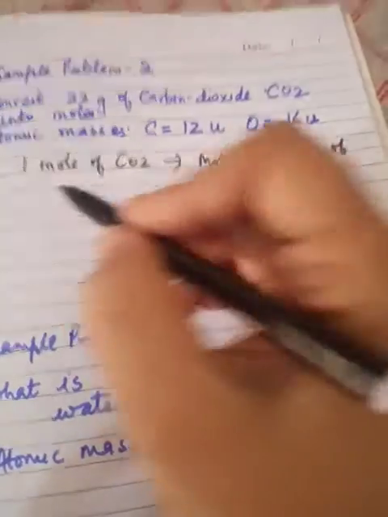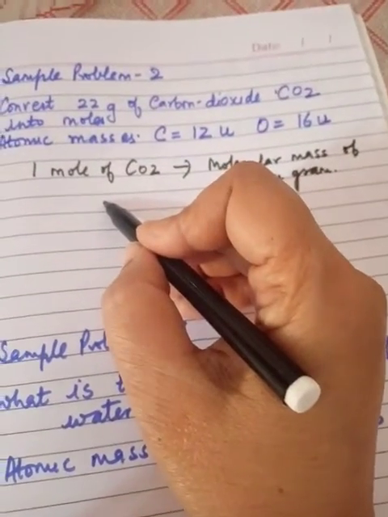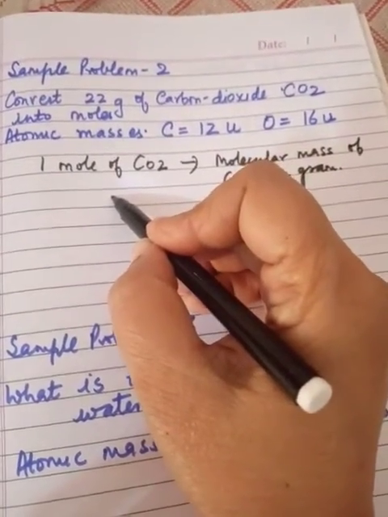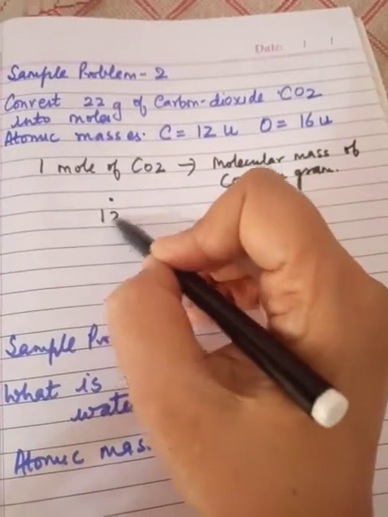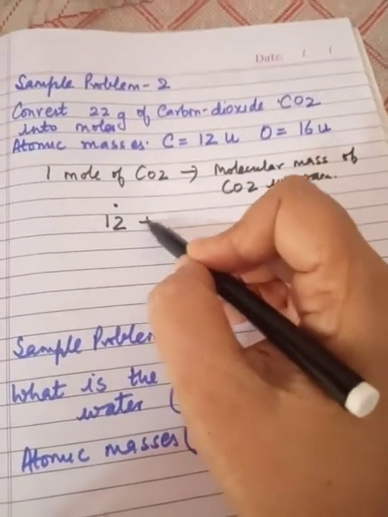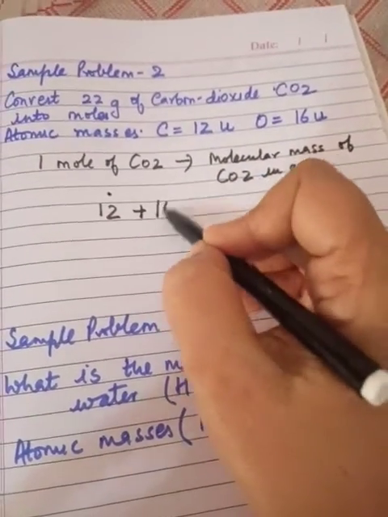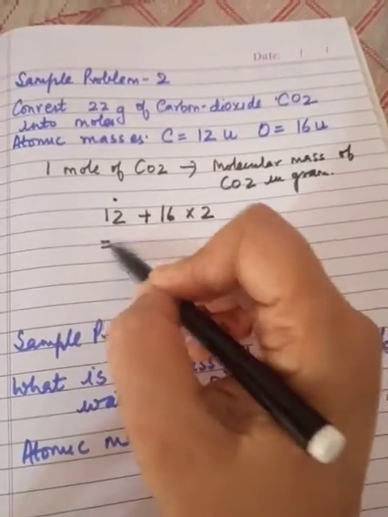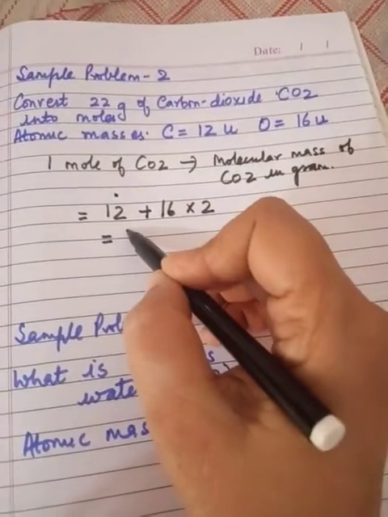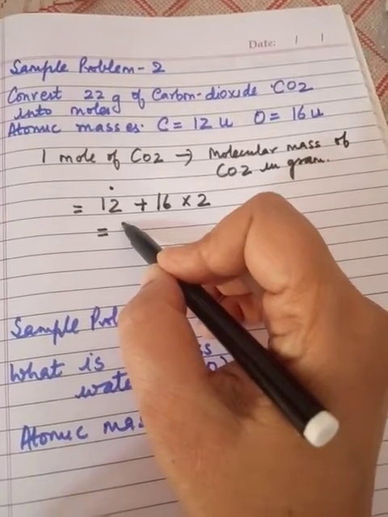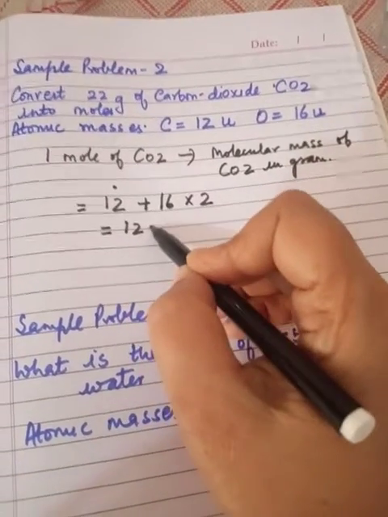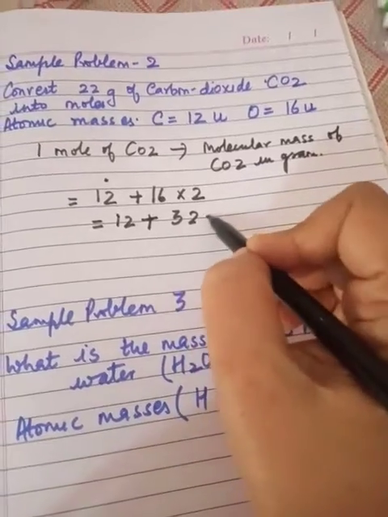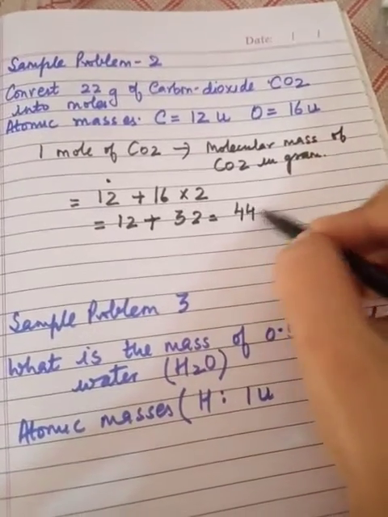So mass of carbon plus mass of oxygen into 2. Mass of carbon is 12. Mass of oxygen is 16 into 2. That is 12 plus 32, 16 twos are 32, and it becomes 44 grams.